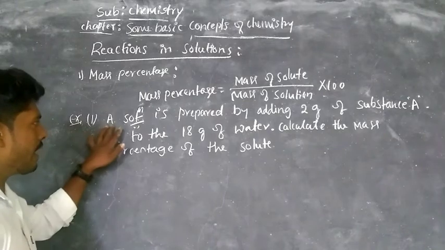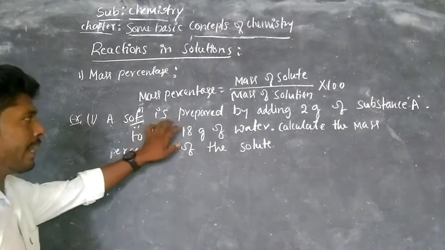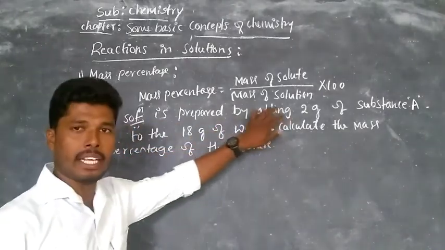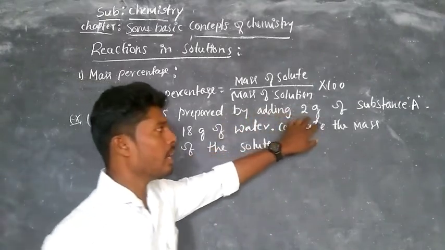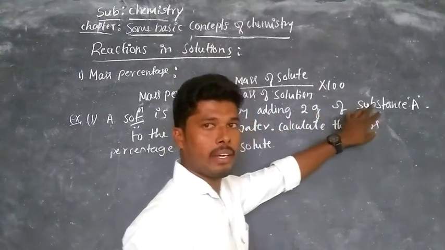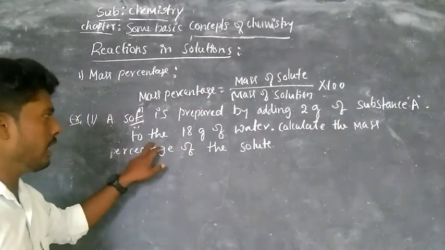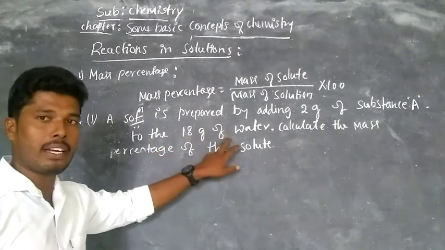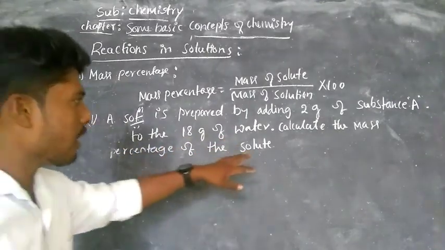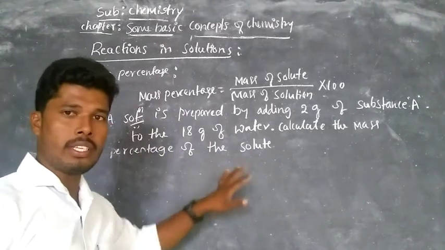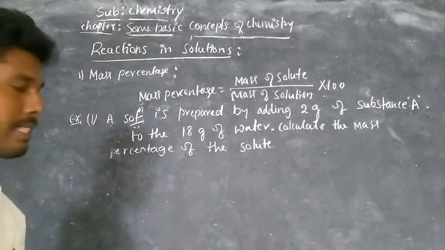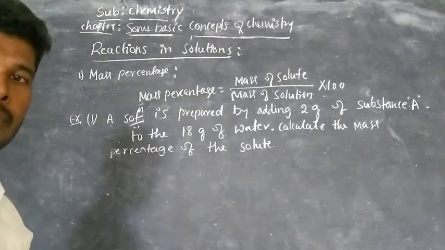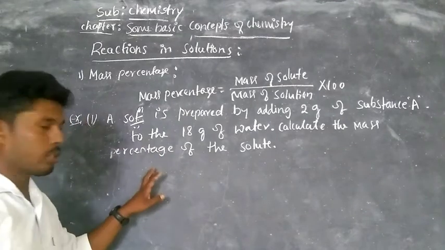The problem is: a solution is prepared by adding 2 grams of substance A to 18 grams of water. Calculate the mass percentage of the solute. This is the problem.